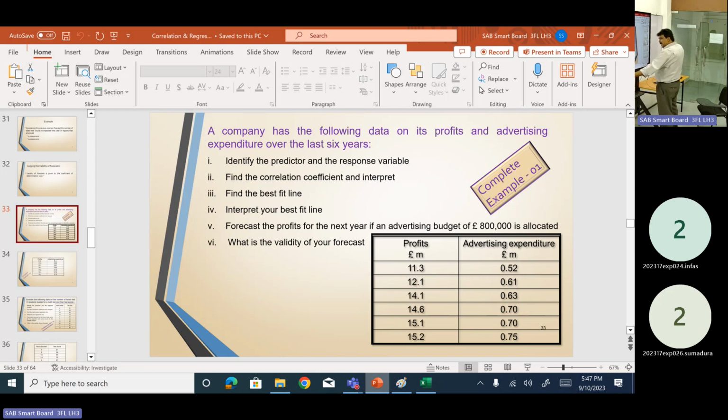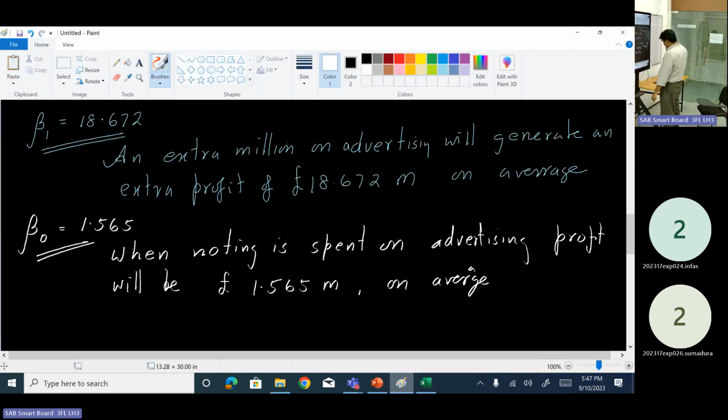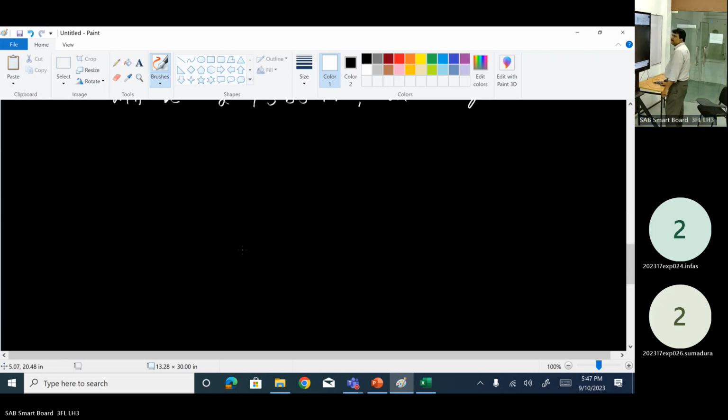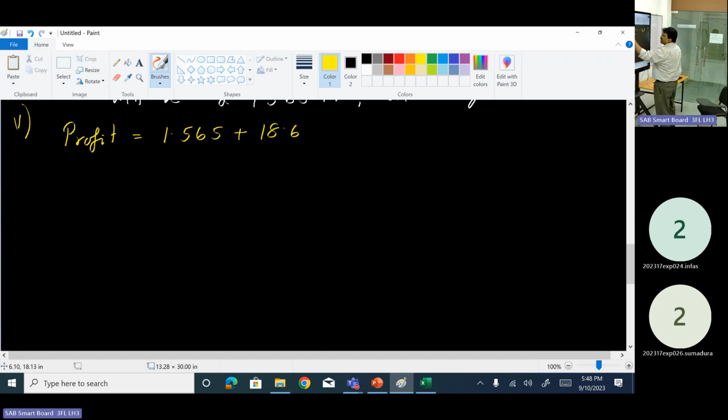If the advertising budget is 800,000, what would be the profit? So our model is profit equals 1.565 plus 18.672 into advertising expenditure plus the error.